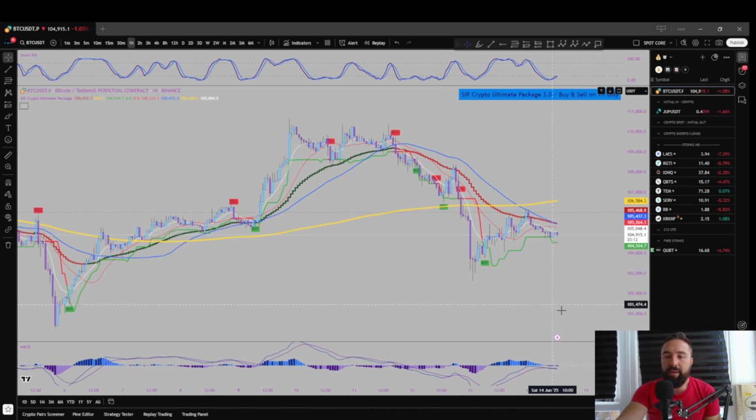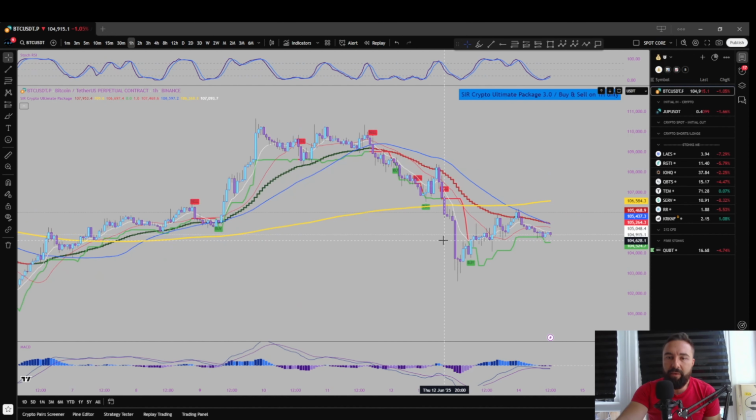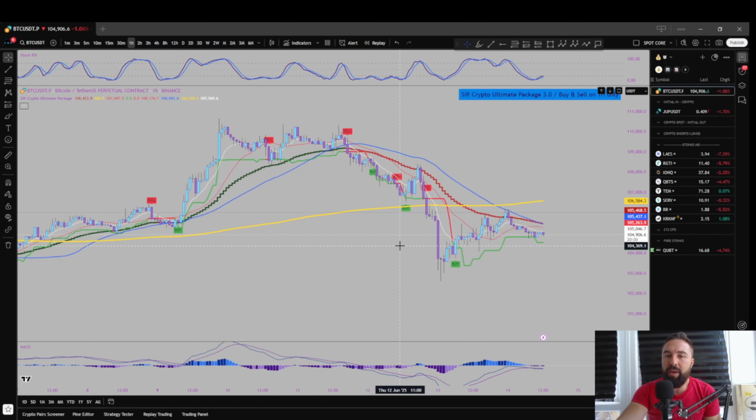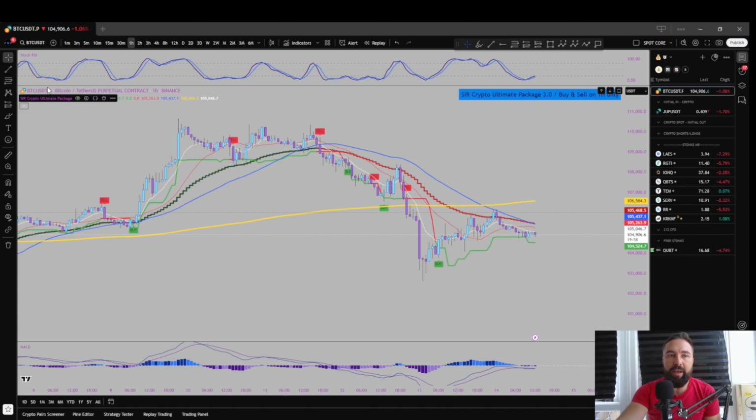What this indicator basically is, it's great for leverage traders, whether it's crypto or stocks. This works for both, okay? You don't have to have a premium version of TradingView. You can use it with your free version. It also contains moving averages, so you do have a big bundle of different indicators in one, okay?